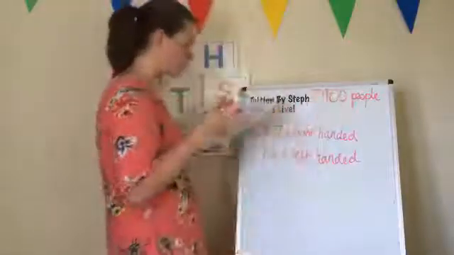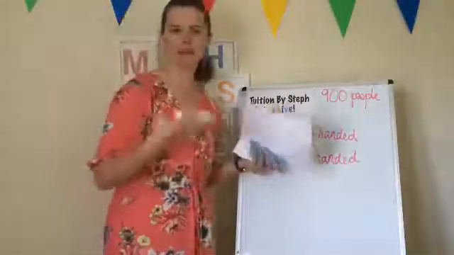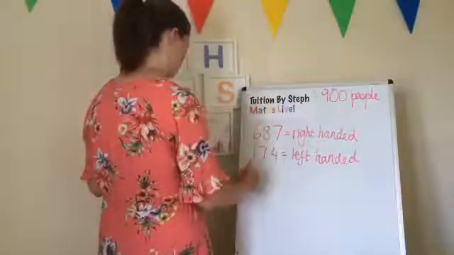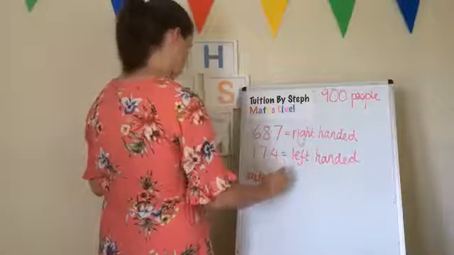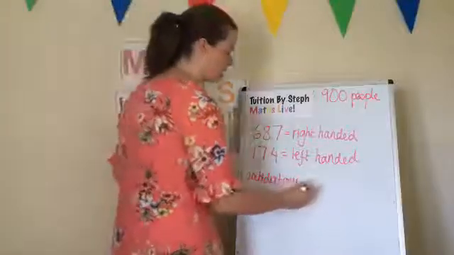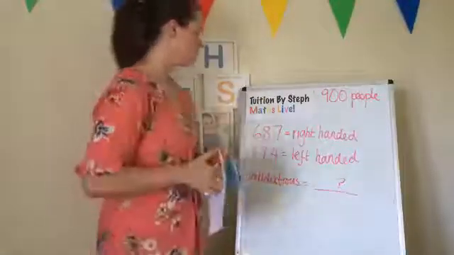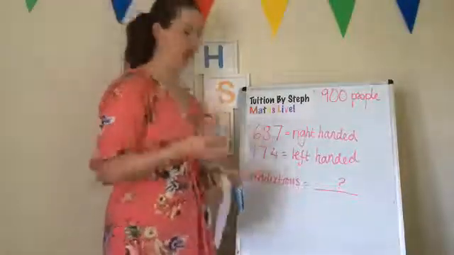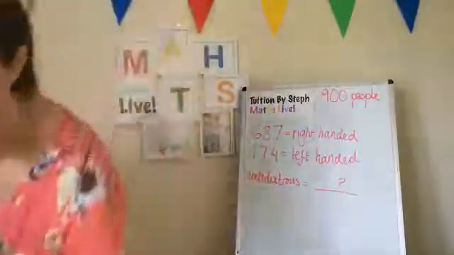And the remainder were ambidextrous. And that means they could use either hand. My brother's ambidextrous. So how many are ambidextrous? 900 people, 687 right-handed, 174 left-handed. How many people are ambidextrous? Give that a go.